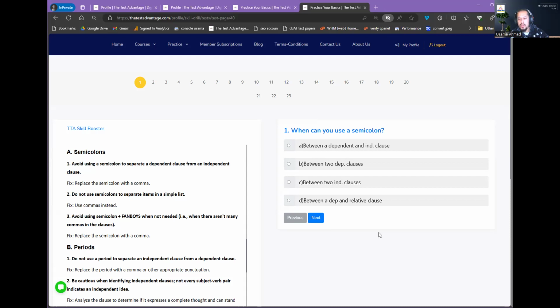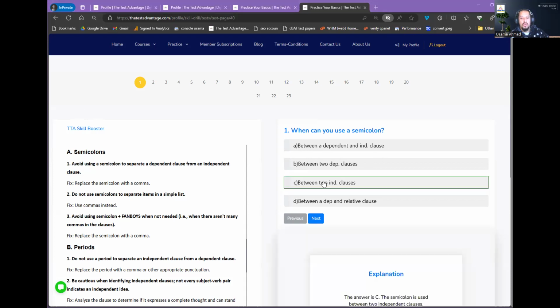When do we use a semicolon, Mrs. Shaza? Not dependent and independent. Never. It's between two independent clauses, Shaza. Always remember that. Two independent clauses.